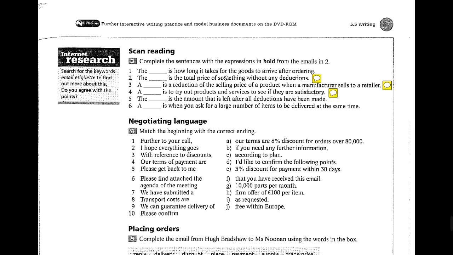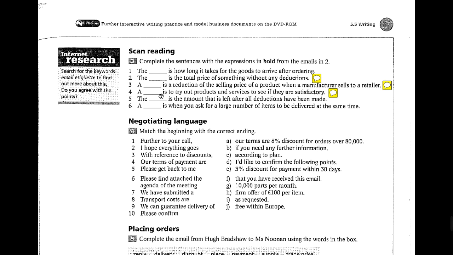So at the first one, you have to put the delivery time is how long it takes for the goods to arrive after ordering. So delivery time. The gross price is the total price of something without any deductions. A trade discount is a reduction of the selling price of a product.